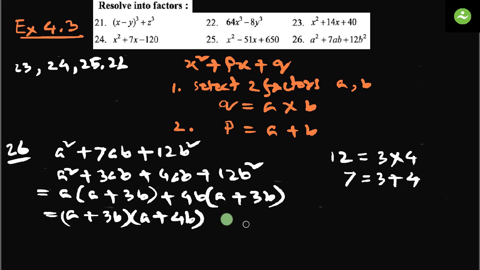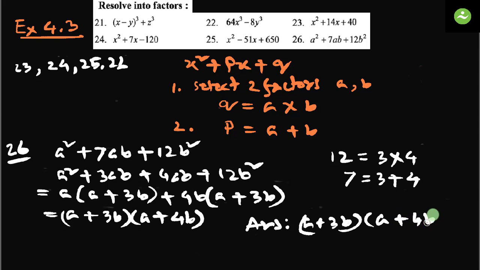That looks better. Answer, a plus 3b into a plus 4b. And we have just finished all these from 21 to 26.